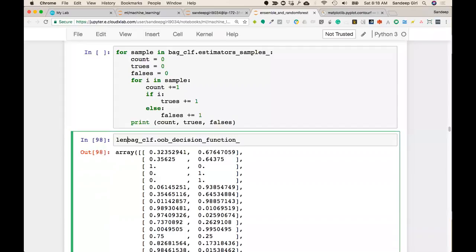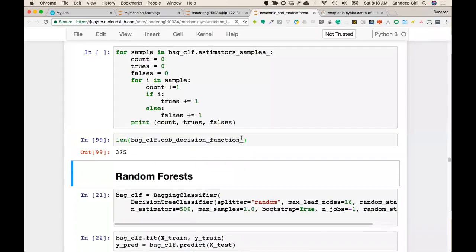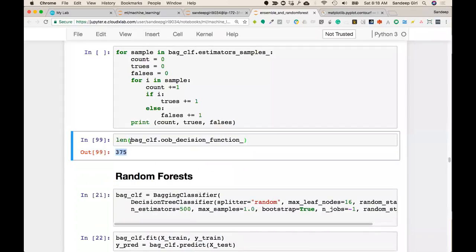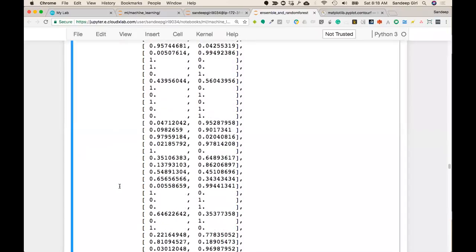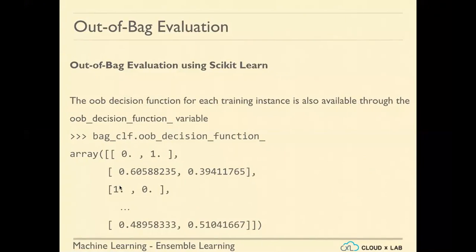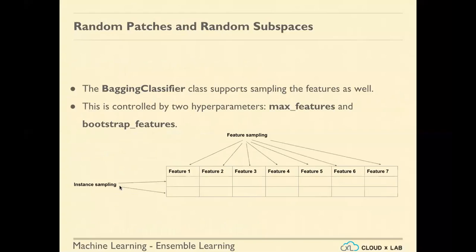Can I do the length of this? So there are 375 elements. On 375 elements it has done the prediction. Generally, internal variables end with an underscore.